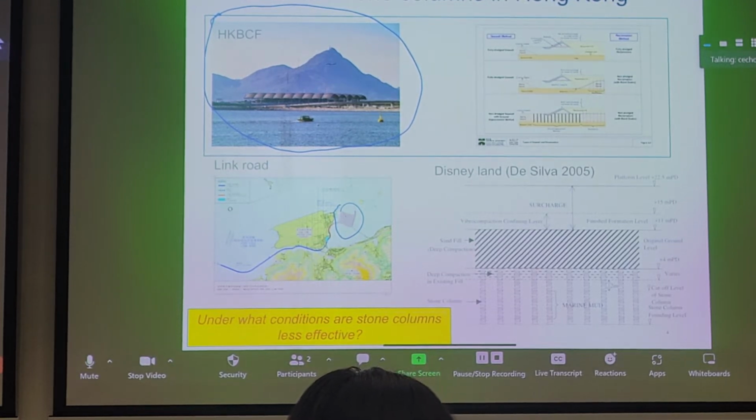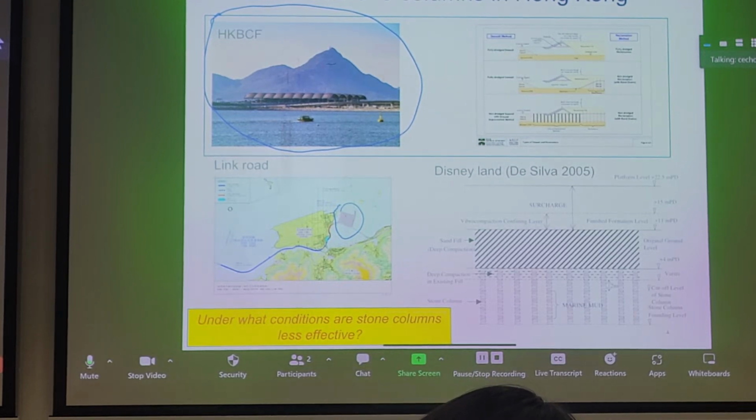So at that time, they were probably very well experienced with using prefabricated vertical drains, because they used it for Chek Lap Kok as well, and various projects in Singapore. We use PVD drains. The first successful case was for the airport in Singapore, and the technology just transferred over to Hong Kong.